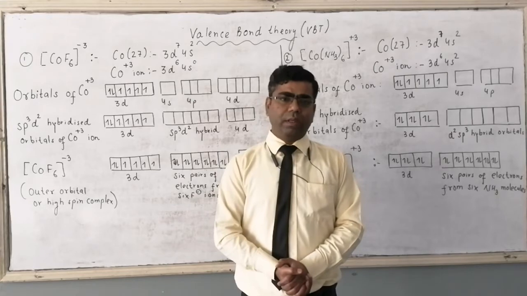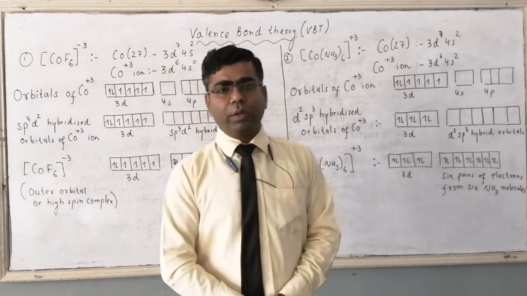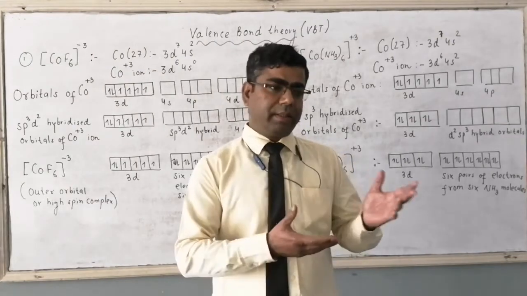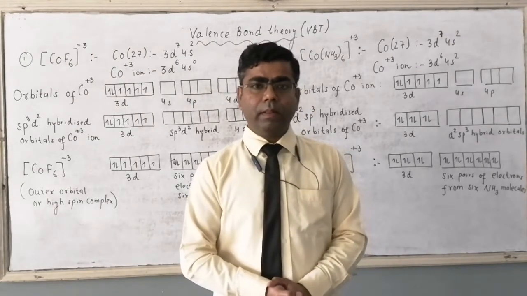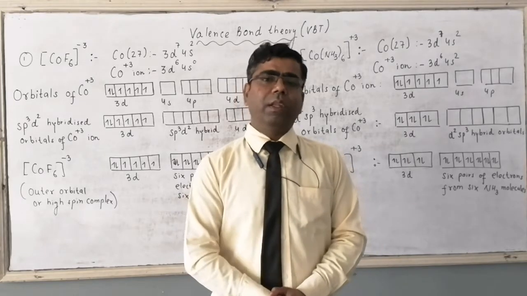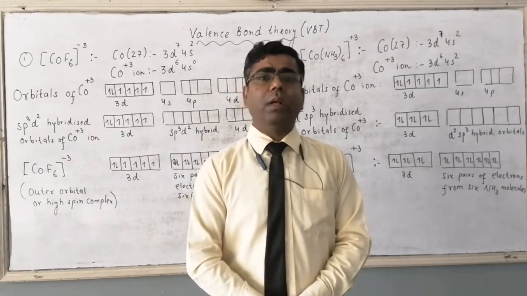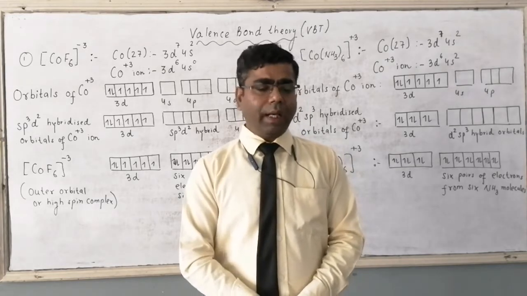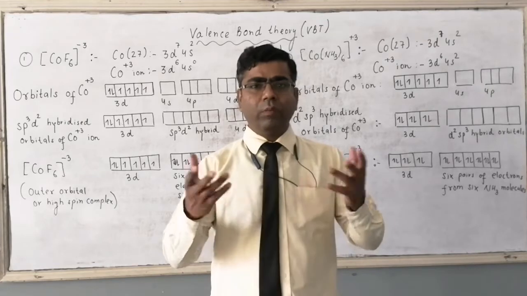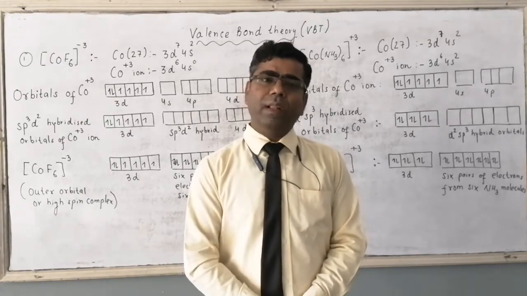The most traditional is valence bond theory, or VBT. It has some limitations. That's why crystal field theory, called CFT, was proposed. Again, it has some limitations. So one more theory was proposed, that is ligand field theory.